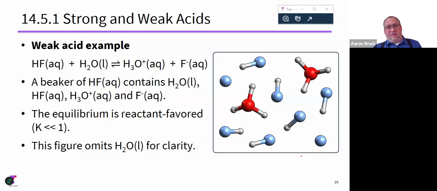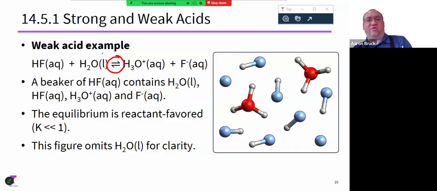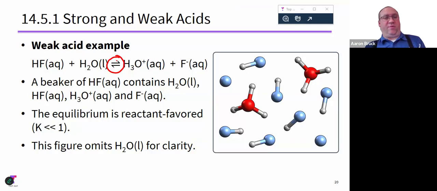But in a weak acid, notice a couple of key differences. One, the reaction is not drawn in as one way. It's drawn in as reversible at equilibrium. And as a result of this equilibrium, we are going to see a combination of all three of the reacting species in this equilibrium. Again, omitting water here.